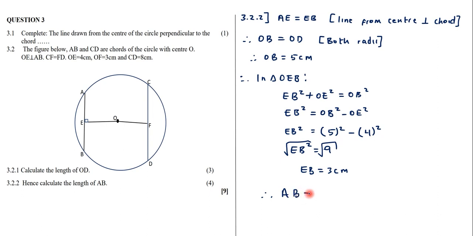So AB will be the length of AE plus the length of EB. Earlier we said that AE was equal to EB. So AE is 3 centimeters and EB is also 3 centimeters. Combined, this gives us 6 centimeters. And that's how we finish our first question. Now let's go ahead and go into our next question.